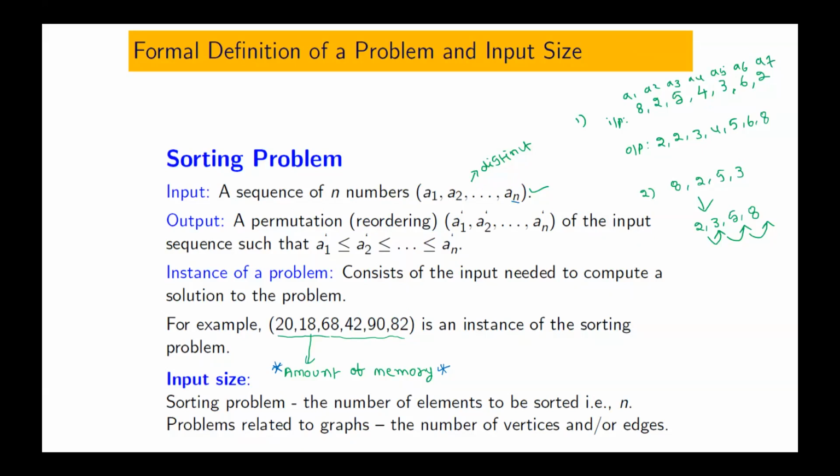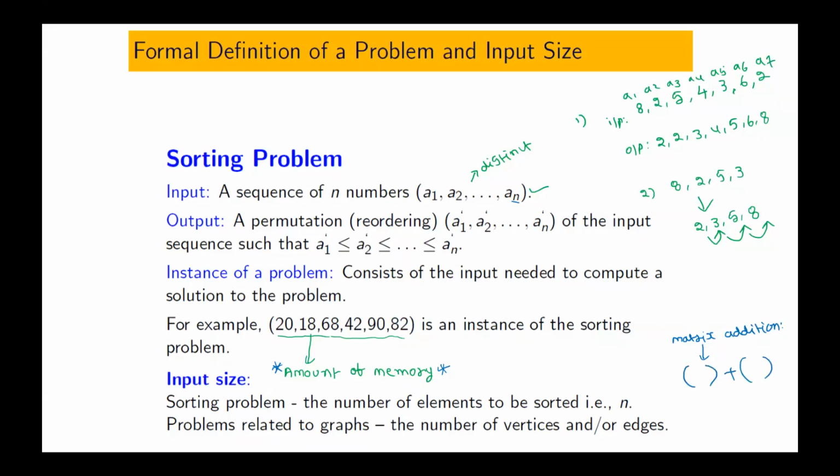If it is a problem related to matrices, for example, matrix addition, what is input size in case of the matrix addition problem? We should be given 2 matrices.